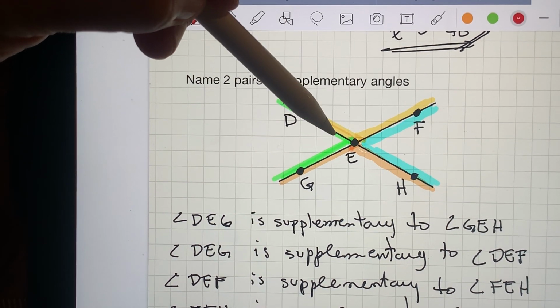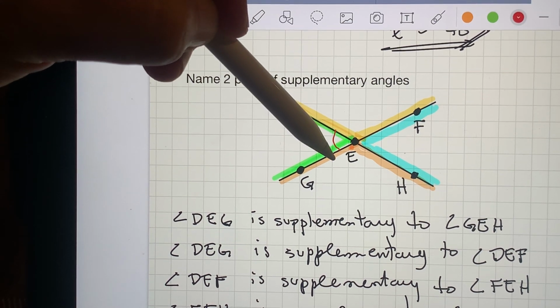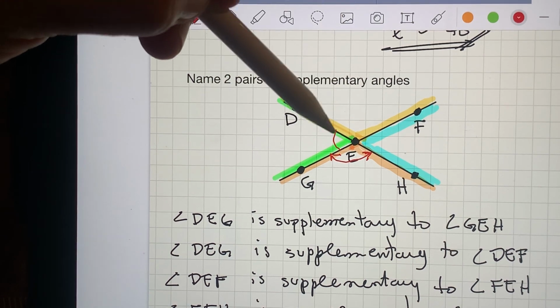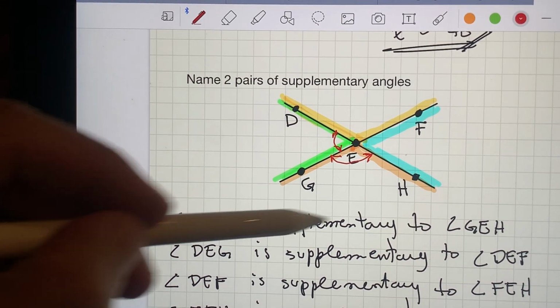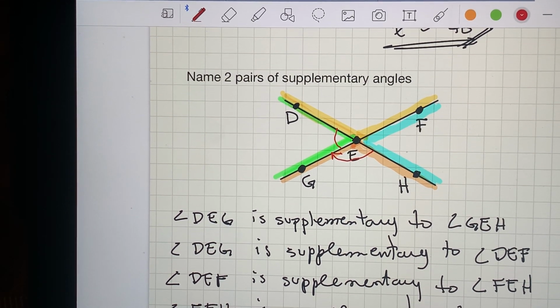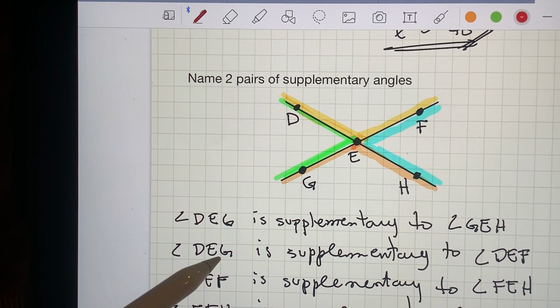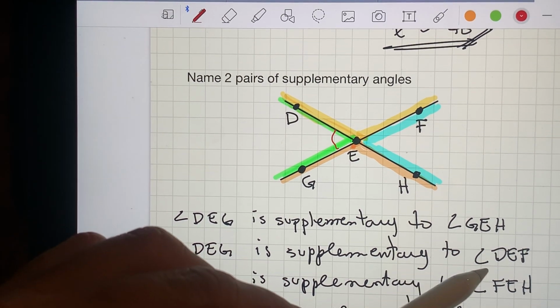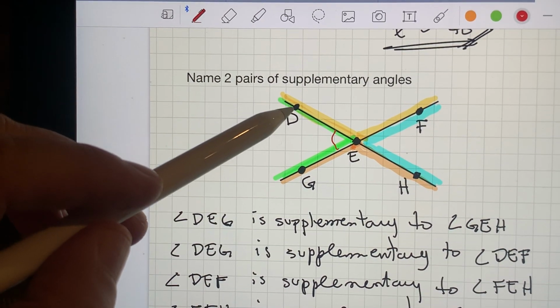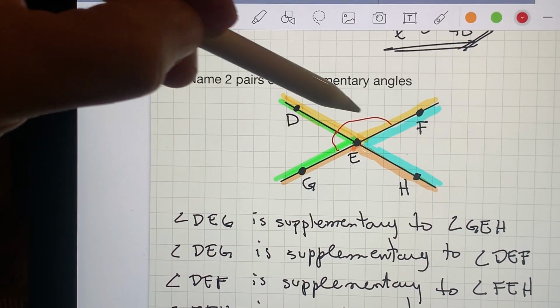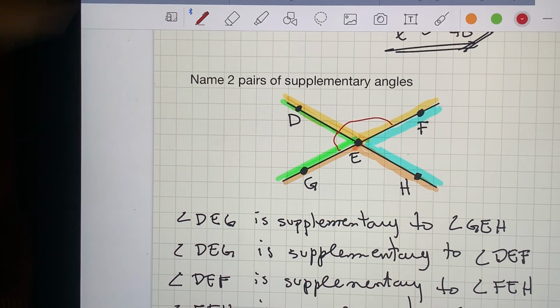So this angle plus this angle gives you 180. Then we're also saying that DEG, so this angle again, is also supplementary to DEF. Notice here that these two add 180 degrees again.